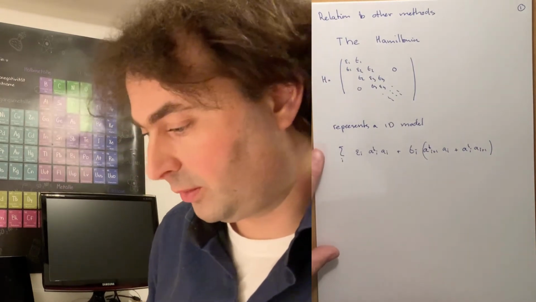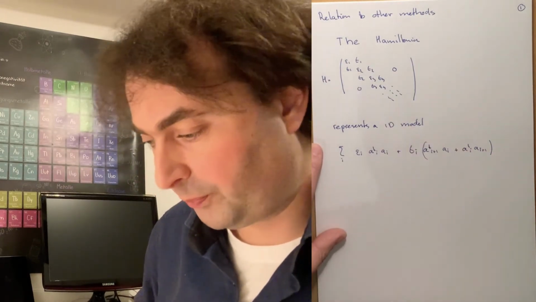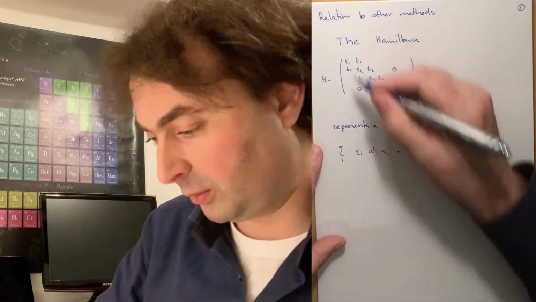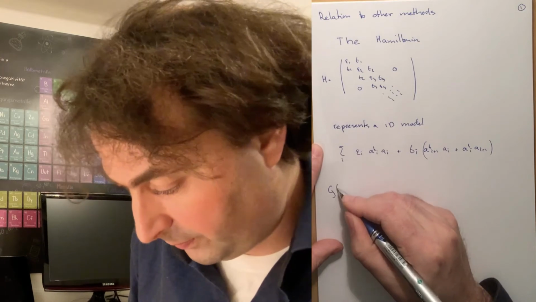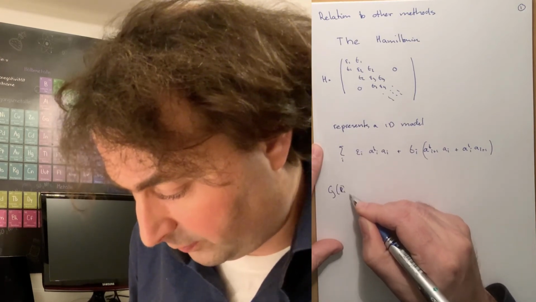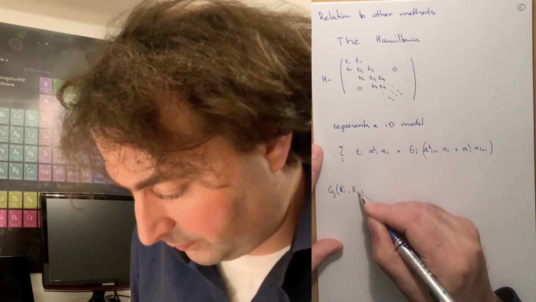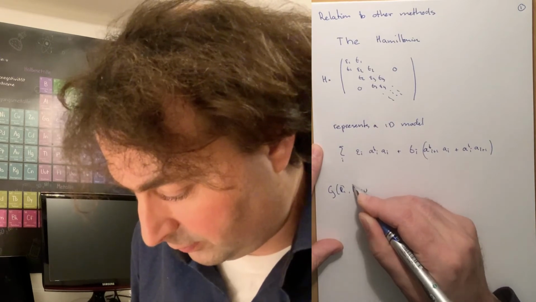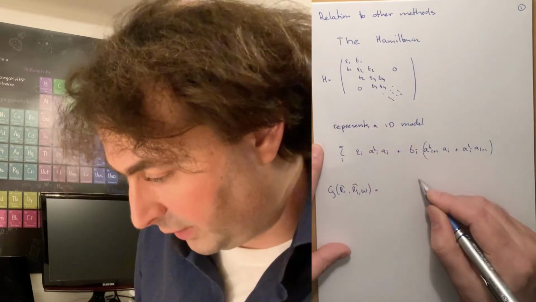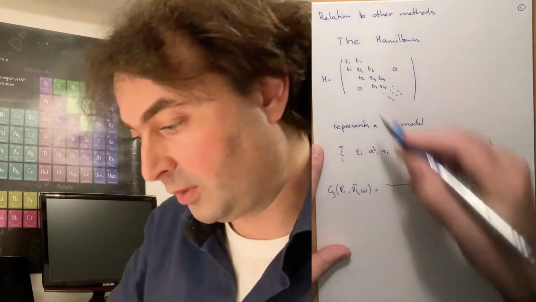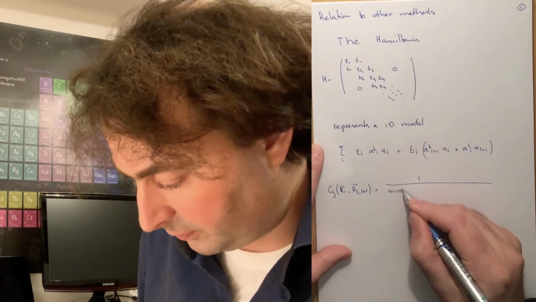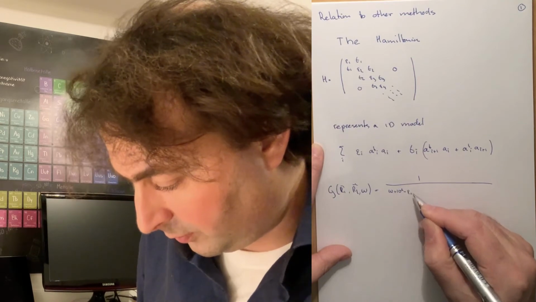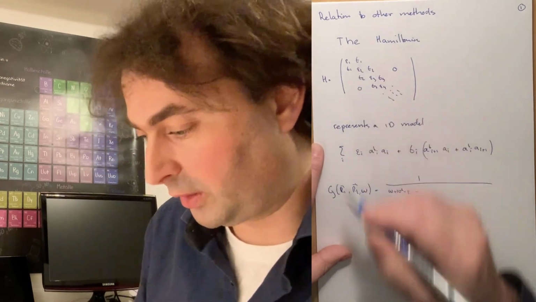The Green's function of such a system, well, if you look at site 0 or 1, G_11 of omega, is given by 1 over the Green's function of the site where we add the particle, minus the coupling to our neighbors.